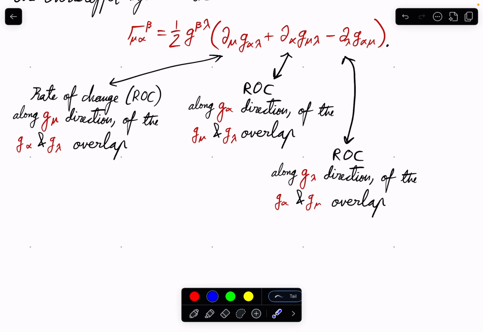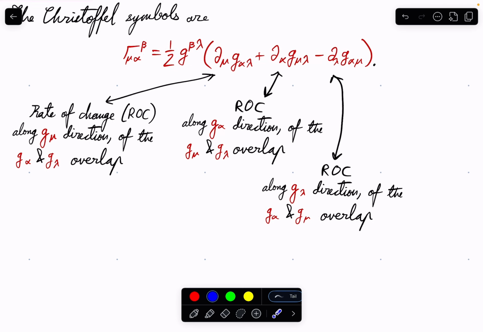So what the Christoffel symbols do is they take these different rates of change, added together, and then sum them over the overlap with some vector that is different from all of these, and you see how the changes in overlap here affect this overlap.